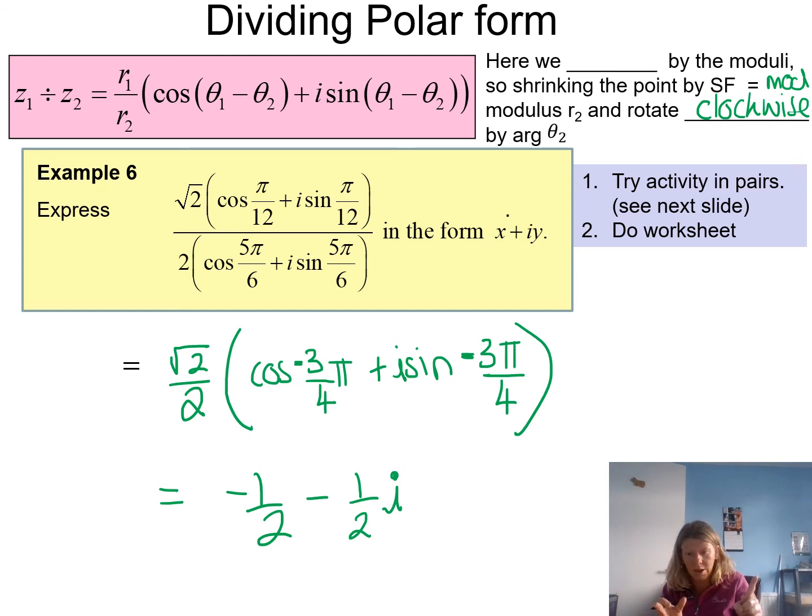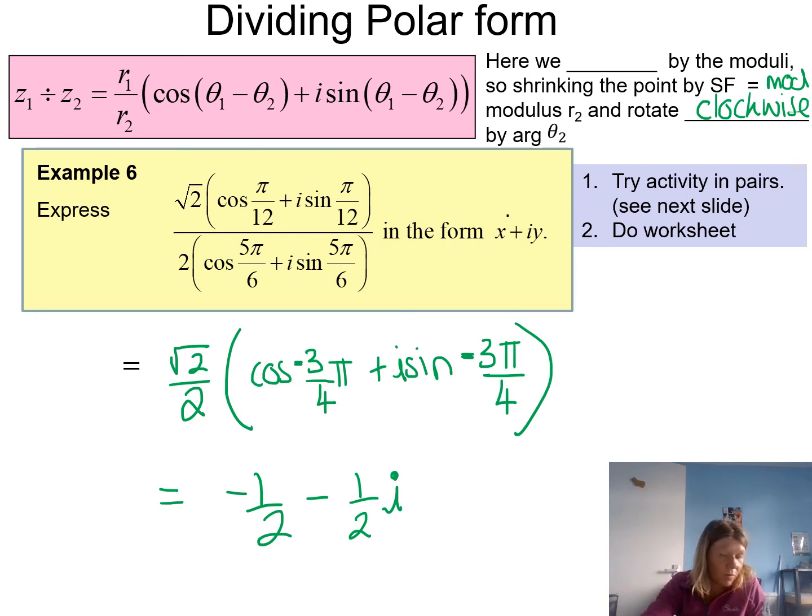So the length of the line will shrink by the modulus that you're dividing by. So in this case, it will shrink by a scale factor of 2, if that makes sense. And you'll be rotating clockwise rather than anti-clockwise.